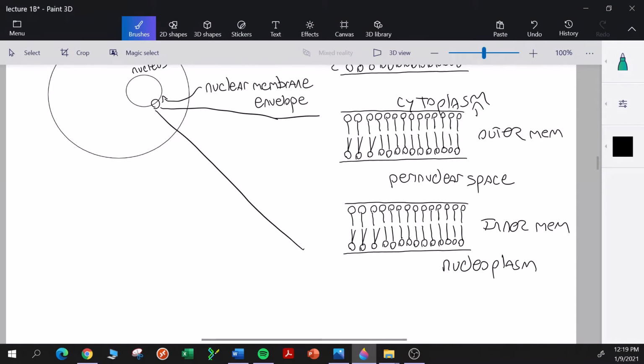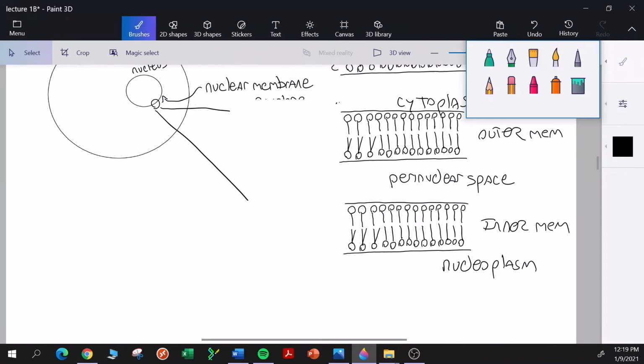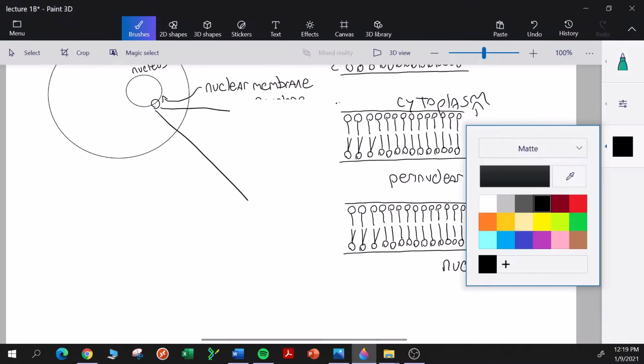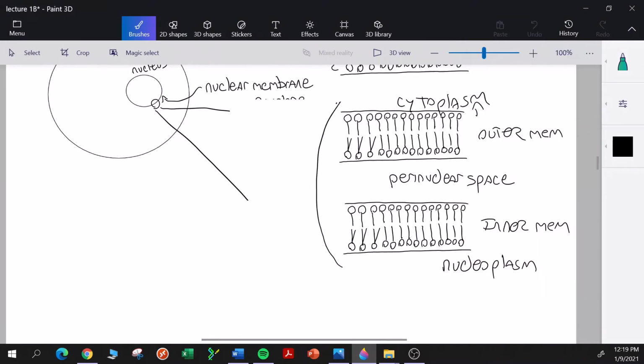Okay, so how do things get into the nucleus and out of the nucleus? If we have these two membranes here, essentially there are pores that go through both membranes.